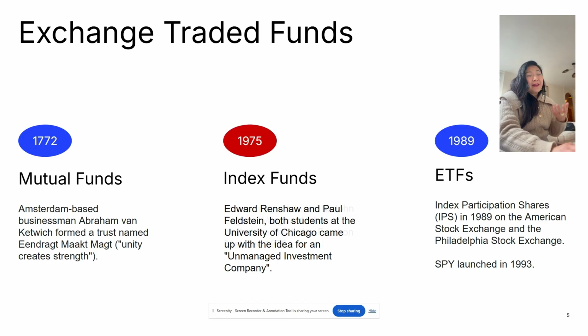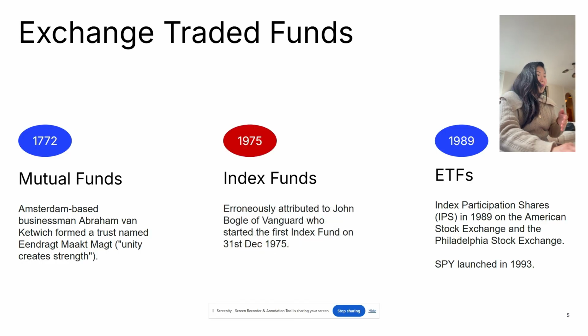It was in 1975 that John Bogle of Vanguard made it into an actual product for people to buy. A lot of people erroneously attribute the invention of the index fund to John Bogle. He didn't really invent it, but he made it into a product that retail investors could buy.